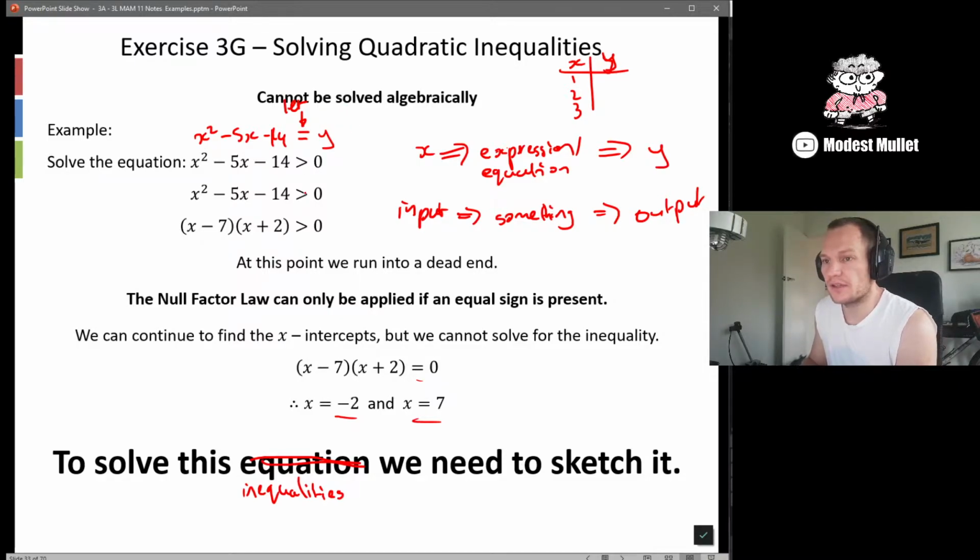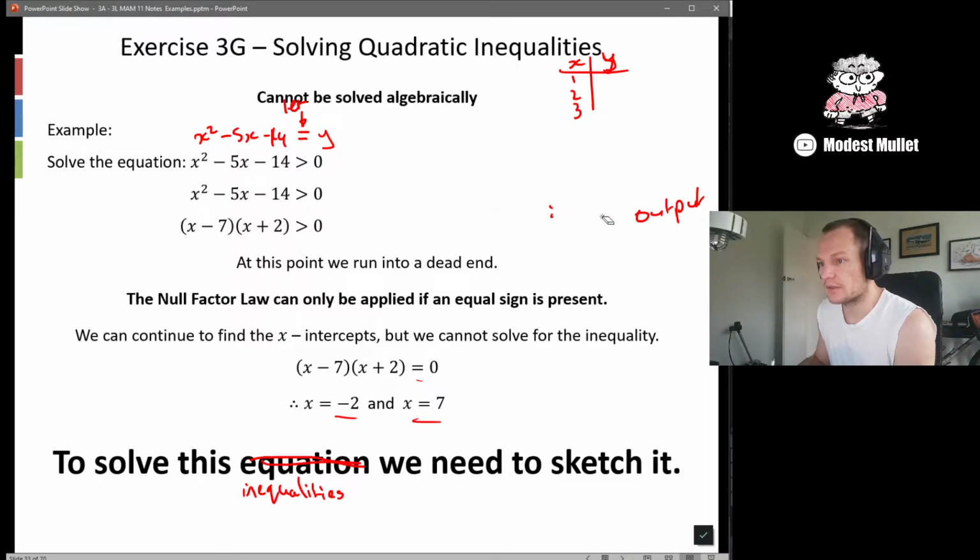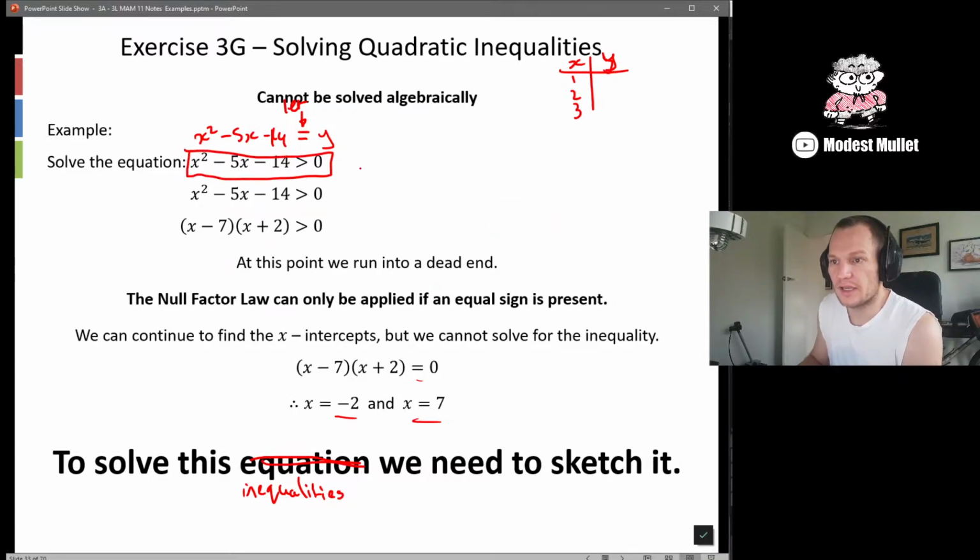So if we think of that in terms of a let and an input and output, we can think of inequality in terms of input and output.